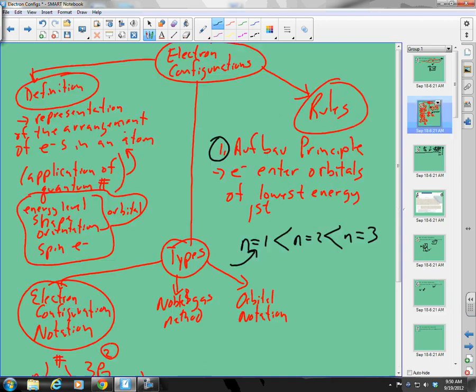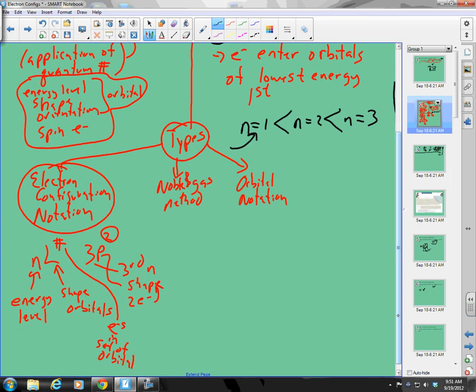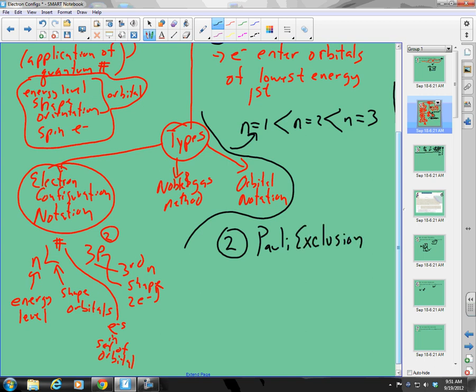We have another rule. Here comes the second rule. Rule number 2. It's called, and you guys know him well now, the Pauli Exclusion Principle. This is the second rule for electron configurations.